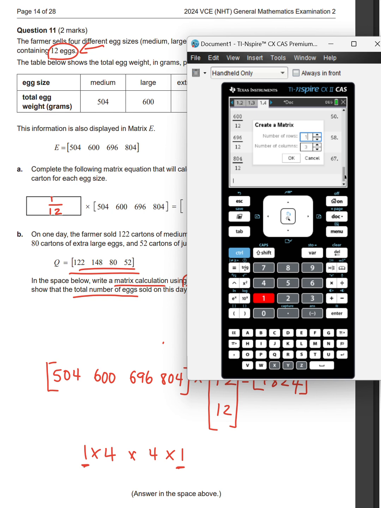So I've got 1 by 4, and we want to fill it in 504, 600, 696, and 804. And we're going to multiply that by a 4 by 1 of 12, 12, 12, 12. And we want that to equal, whoop, nope, so that doesn't work.